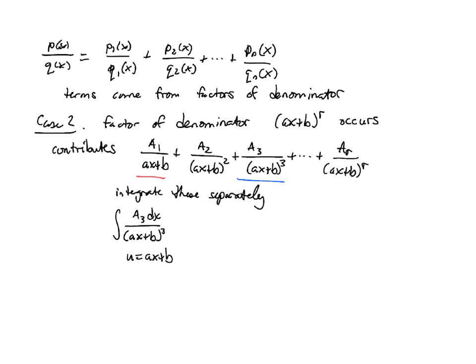And that substitution would give me, since I have u to the minus 3 because of my denominator power, a3 over a times negative 2 times 1 over ax plus b squared plus c. We'll see this in action in an example on the next page.